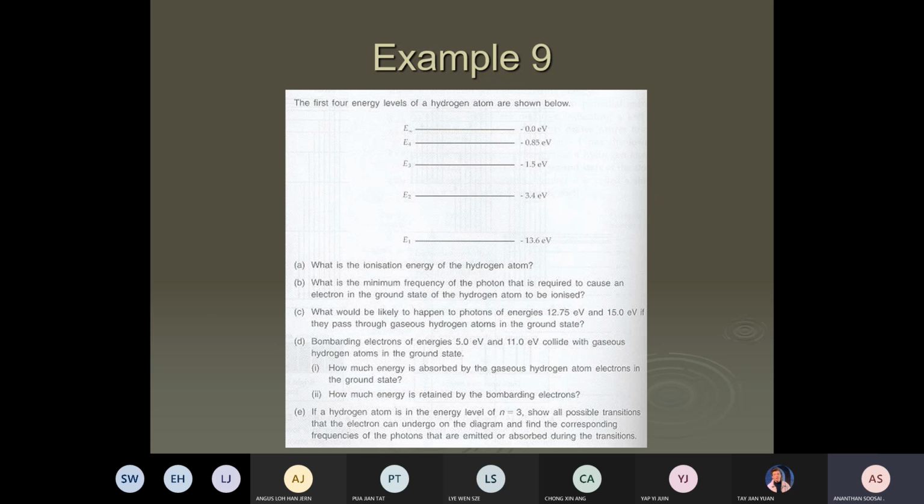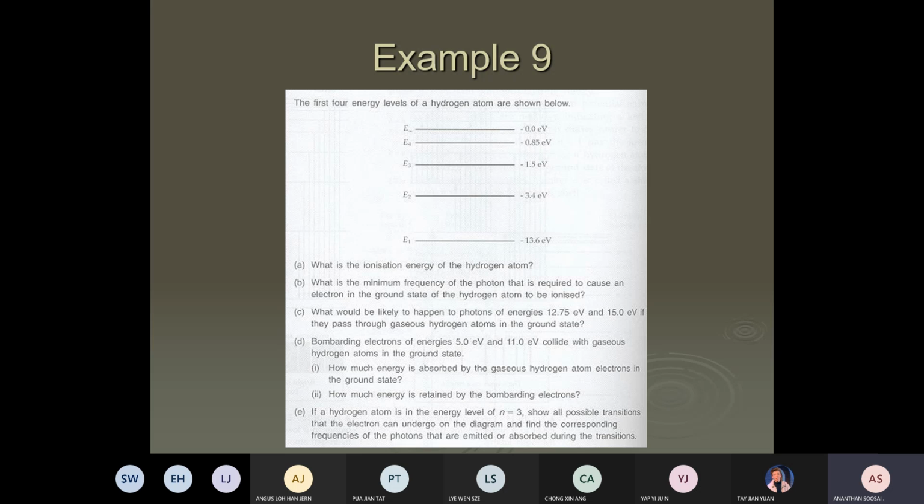How about 15? 15 won't be absorbed, because the electron just takes the specific photon. So 12.75 will be absorbed. What happened to the 15 eV? It just escapes from the hydrogen atom without being absorbed by the electron.